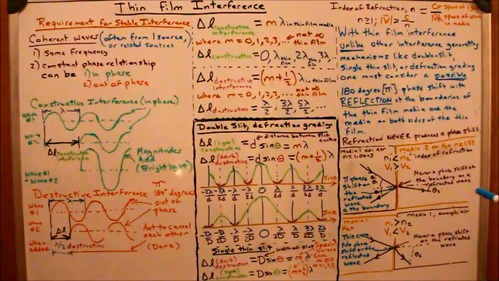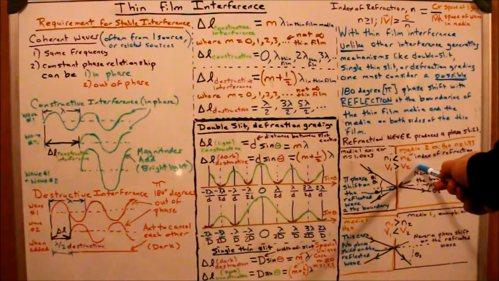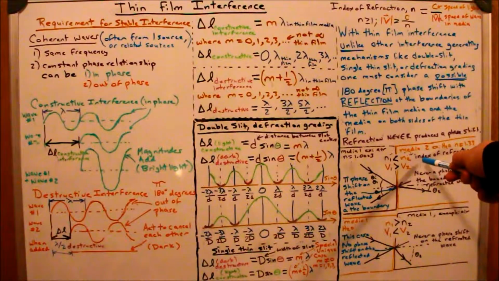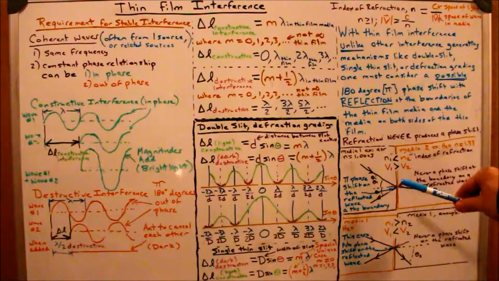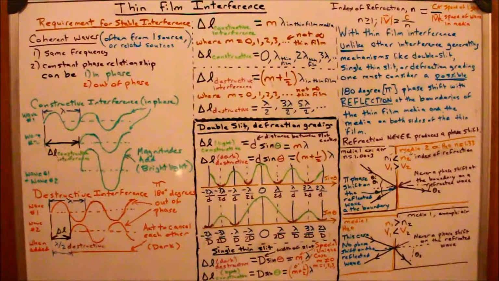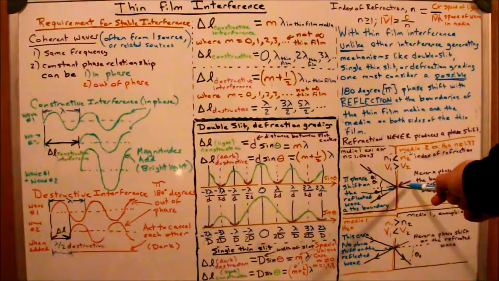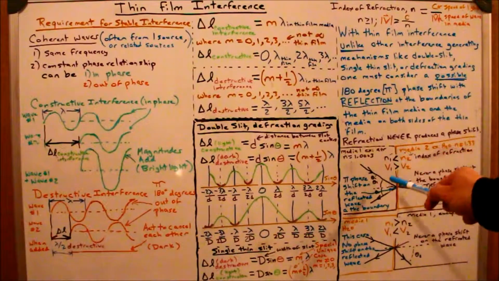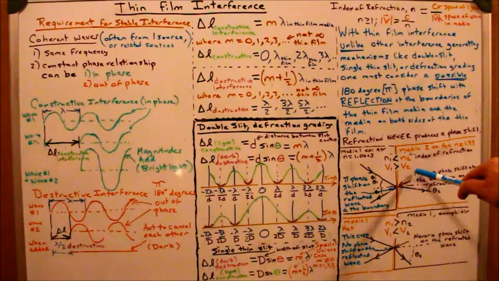Snell's law, we know that when I go to a higher index of refraction, this wave bends towards the normal. And for this wave coming through, there's no phase shifting. It has a certain phase, and it just continues on at the same phasing.